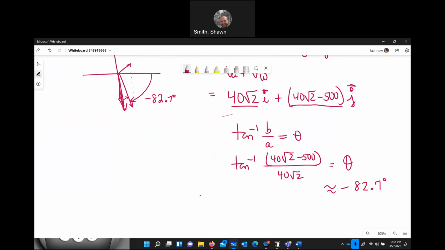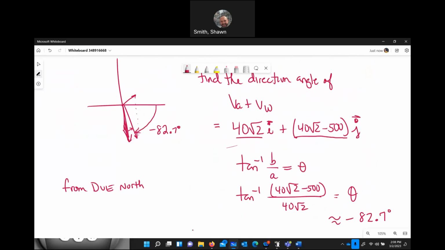So from due north, being 0 degrees, this is 90 to here and 82.7 there. This is equal to 172.7 degrees. That's your heading.